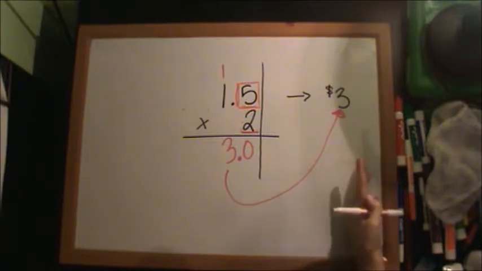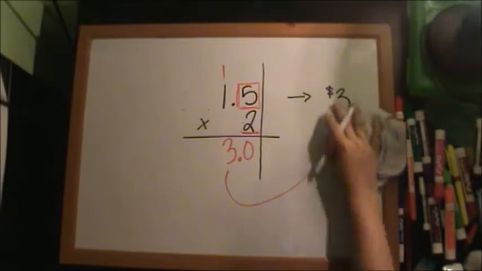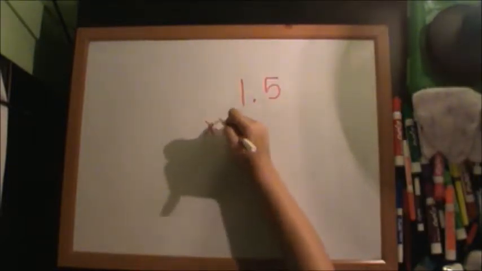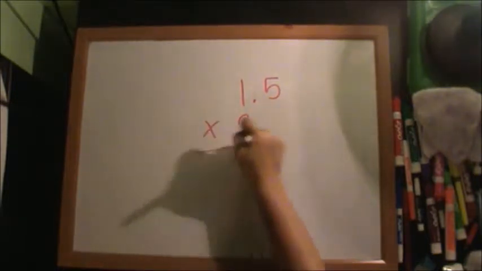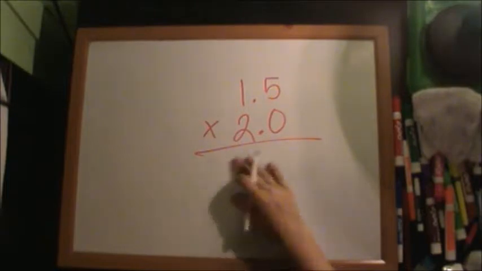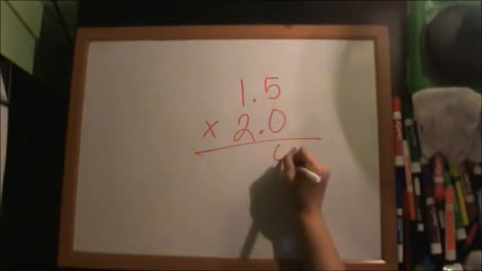Okay, so why does this work? This works because in multiplication, you would be multiplying that number by each number anyway. So let's work it again. Let's put the 2 here, so we're going to have 2.0. 0 times 5 is 0.